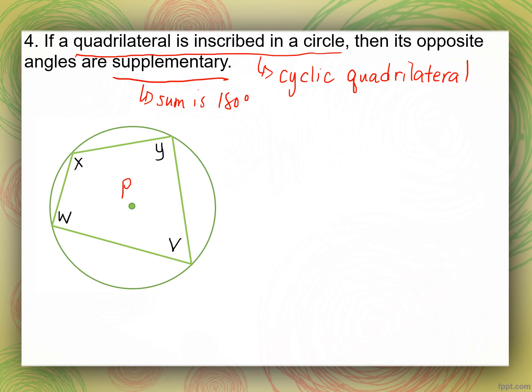Since we have here a quadrilateral with all vertices inscribed on circle P, we can say that angle X and angle V, which are opposite angles, are supplementary. So angle X plus angle V is equal to 180 degrees. The same thing with angle W and angle Y, they are also supplementary.